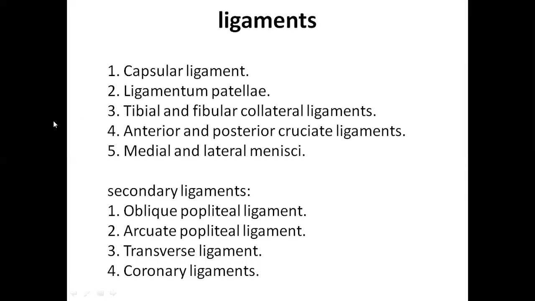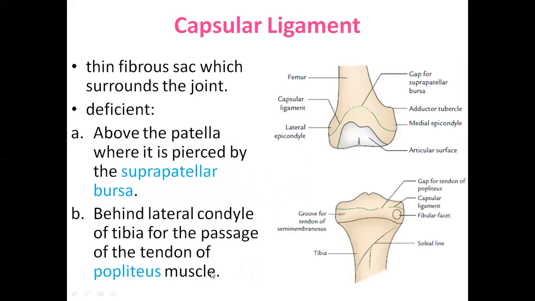The ligaments around the knee joint: first, like any other joint, we have the capsular ligament, ligamentum patellae, tibial and fibular collateral ligaments, anterior and posterior cruciate ligaments, medial and lateral menisci. These are the primary ligaments. Apart from these, we also have secondary ligaments like the oblique popliteal ligament, arcuate popliteal ligament, transverse ligament, and coronary ligament.